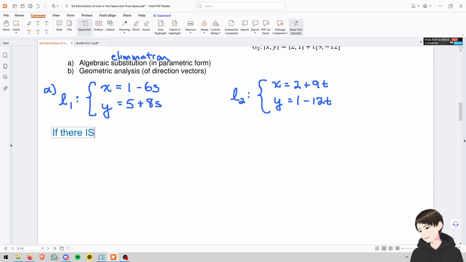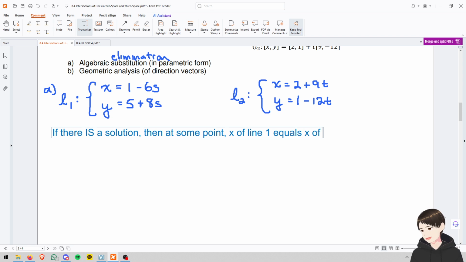If there is a solution, then at some point, x of line 1 equals x of line 2. It's got to. And then, of course, y of line 1 equals y of line 2.